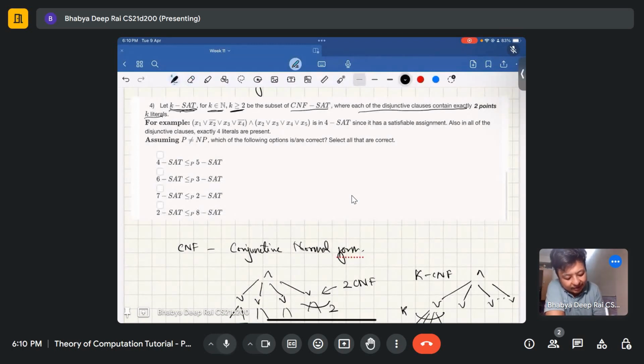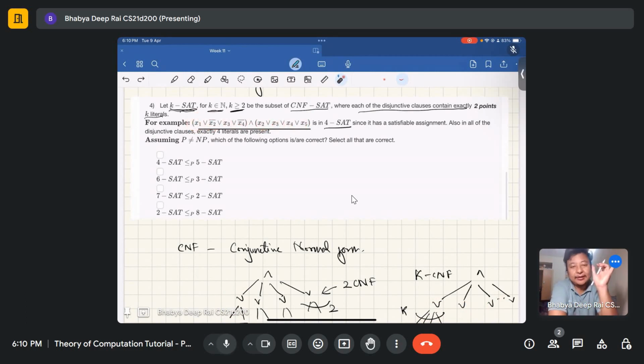For example, here they are saying this particular formula is in 4-SAT. Why? Because the top gate is an AND gate, and each of these OR gates takes 4 literals.